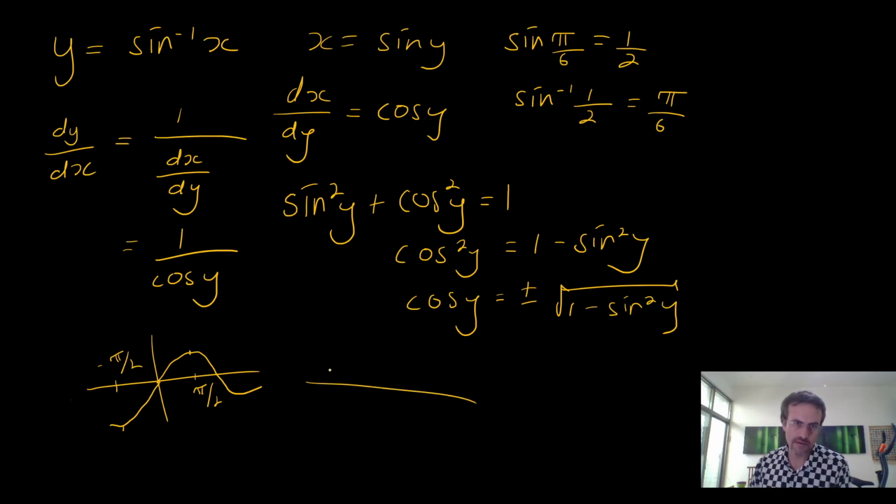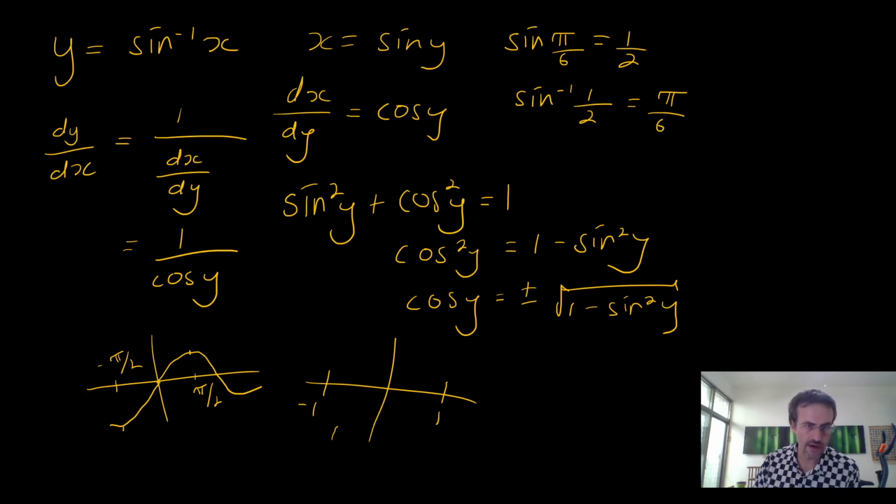So these are really funky lines, artistic license. So this is going to be minus 1 and 1. And it's an inverse function, so it's reflected about x equals y. So it will look something like this. Let me try that again.